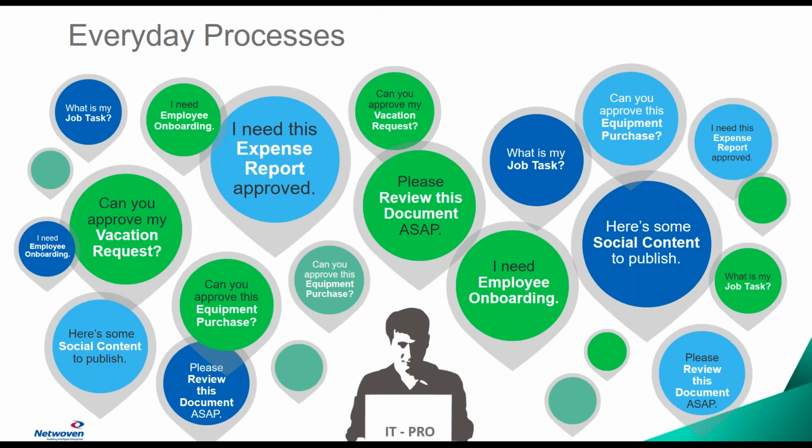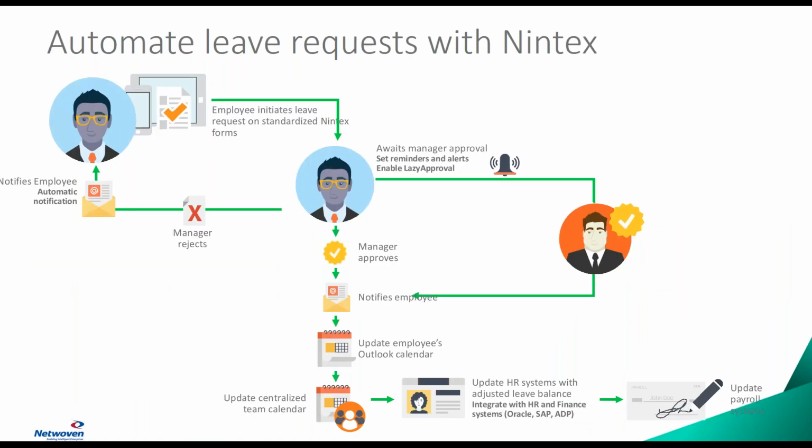As far as being able to use and automate different types of processes, there's all kinds of things that you can do. But a very common pattern that you see, and I'm going to show this to you next, is automating a leave request. Someone fills out a form on the left-hand side, and that gets submitted to the manager on the far right.